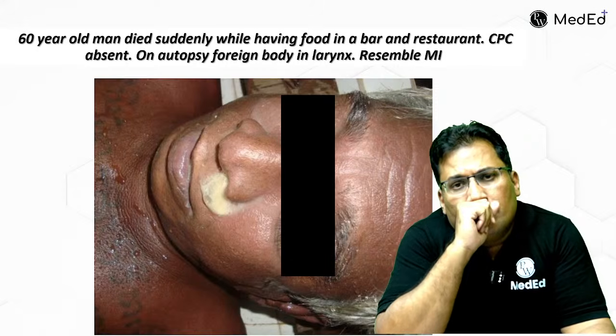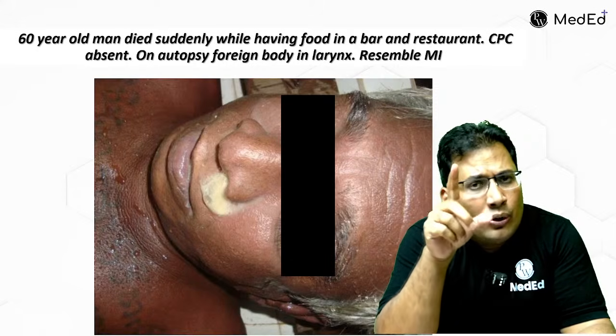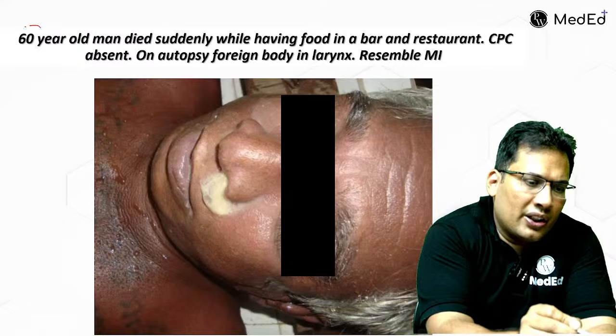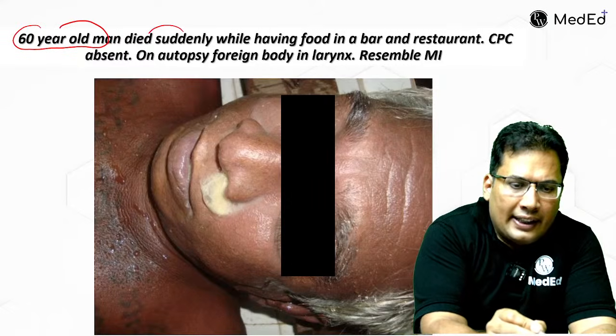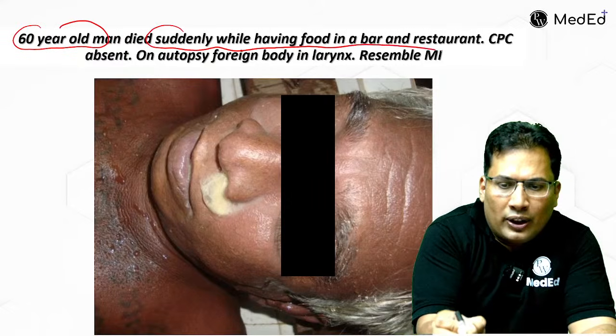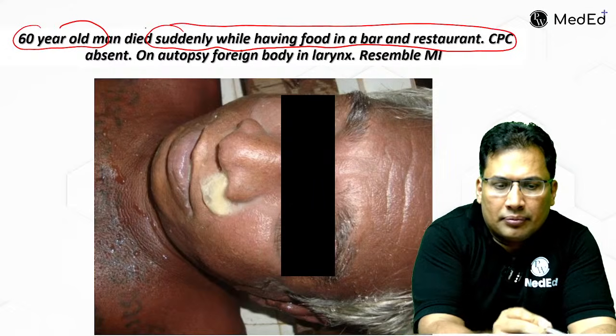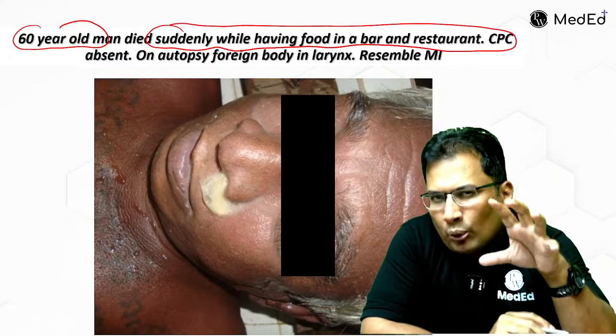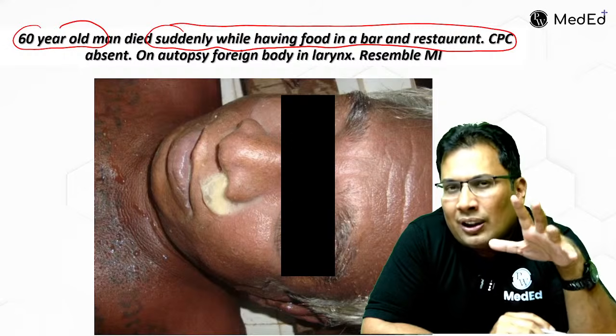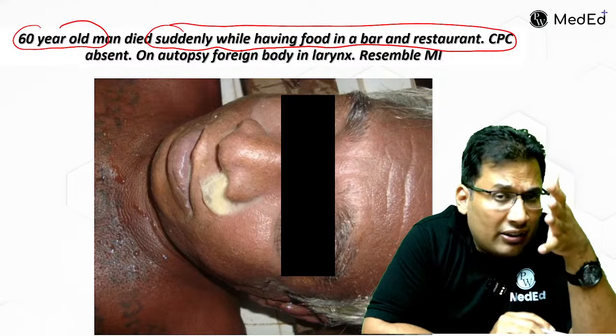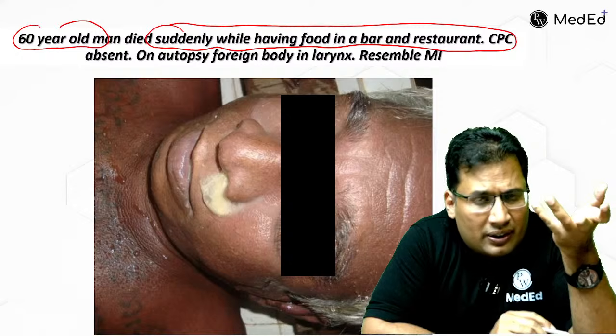A 60-year-old man. So cafe coronary is common in old age. A 60-year-old man died suddenly while having food in a bar and restaurant. He was found dead in a bar and restaurant while having food. He was non-vegetarian or vegetarian, I don't know.